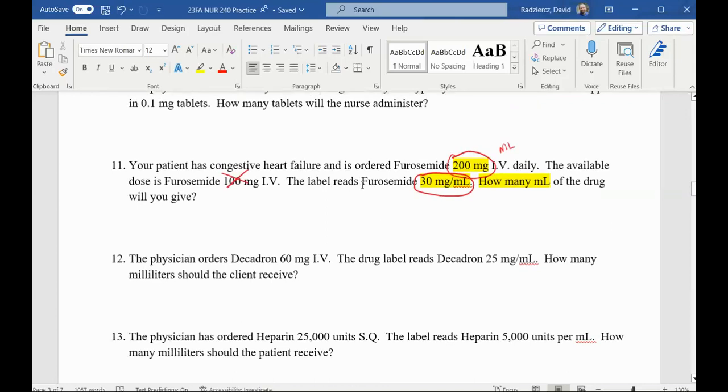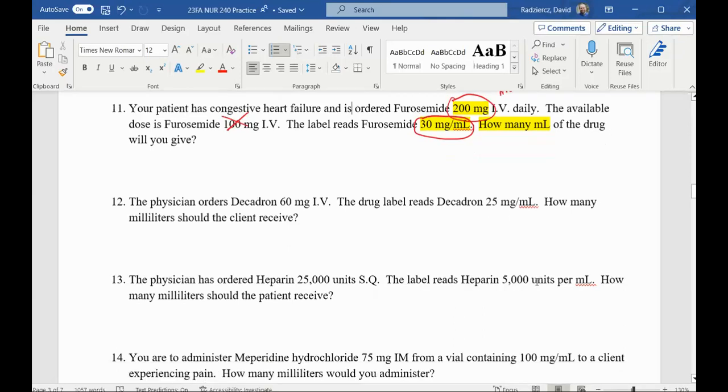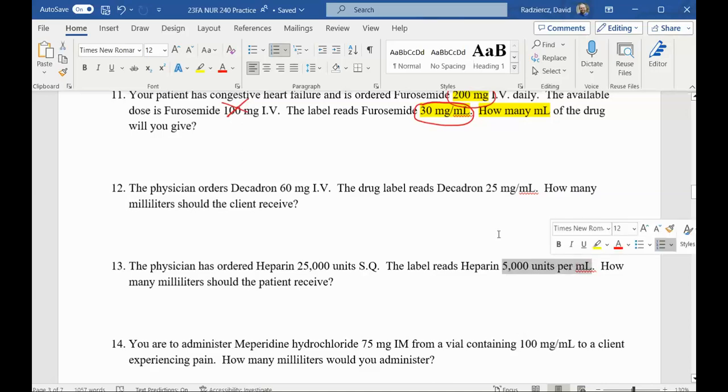It tells you that it's available at 30 milligrams per milliliter, so you know what its concentration is. Technically, this furosemide, without giving you the label, is an example of a reconstitution question. It's just that you haven't been asked to do it. Same thing with Decadron at 25 milligrams per milliliter, or heparin at 5,000 units per milliliter. You know what the strength is.